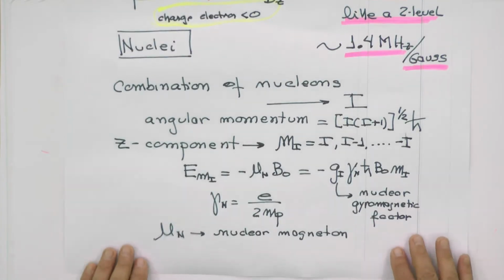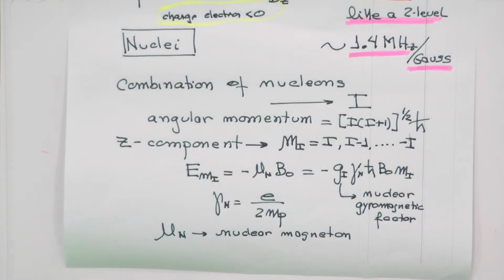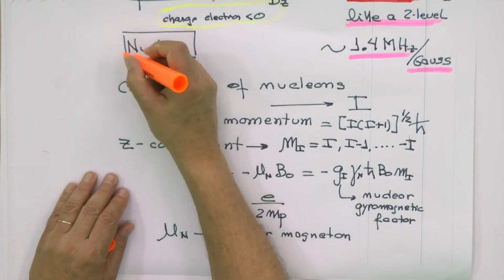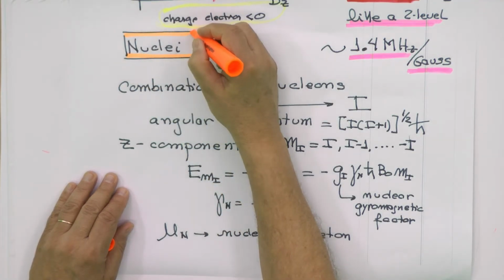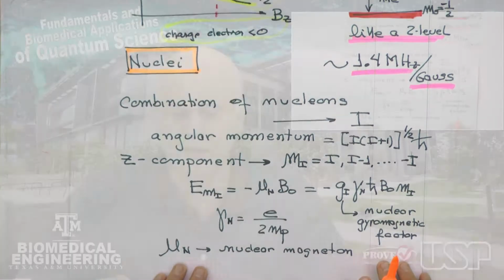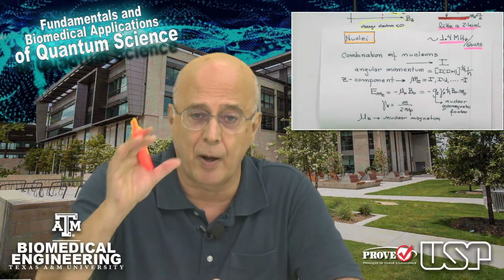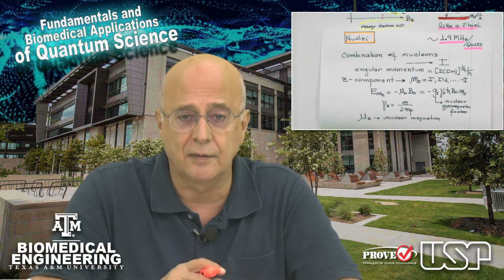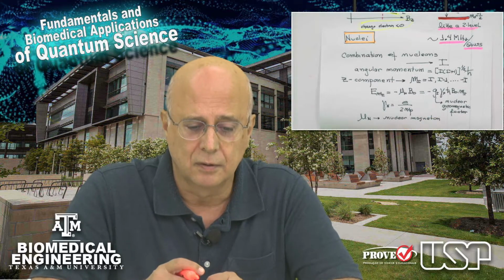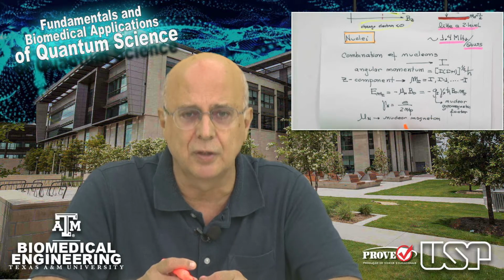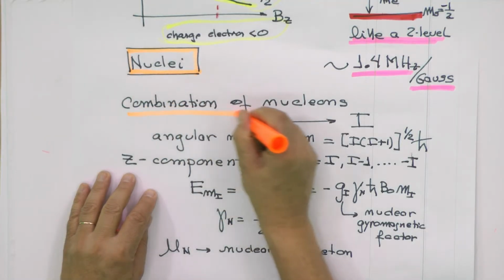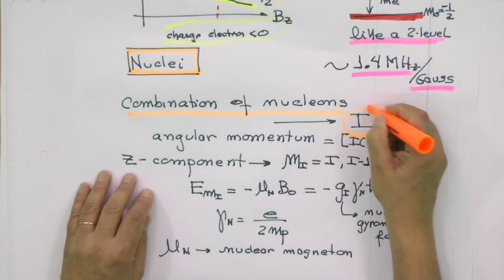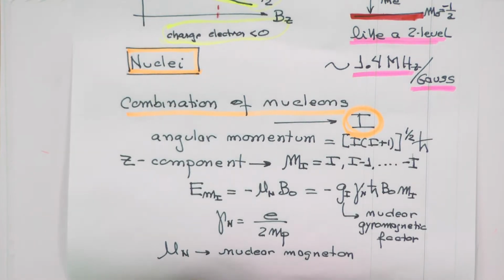But there is also the nucleus, or the nuclei. The nucleus also has a spin, right, as we said, because that's an intrinsic property of the nucleons, the particles that make the nucleus, the constituents of the nucleus. Now, the combination of those nucleons, as I explained to you, ends up producing a total spin.